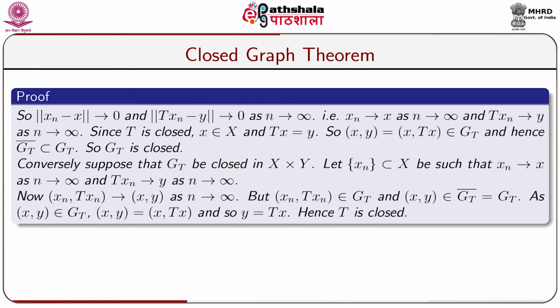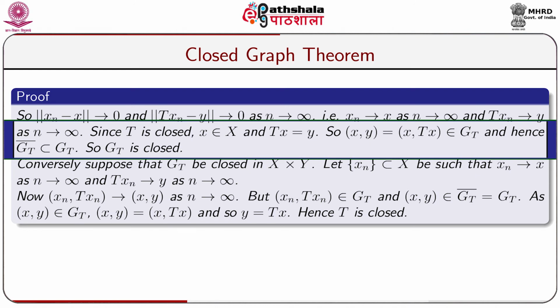So norm of xn minus x tends to 0 and norm of Txn minus y tends to 0 as n tends to infinity, which implies that xn goes to x and Txn goes to y as n tends to infinity. Since T is closed, we get x belonging to capital X and Tx is equal to y.